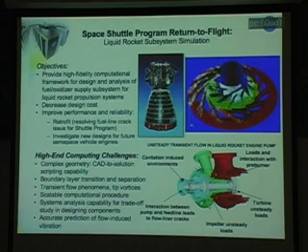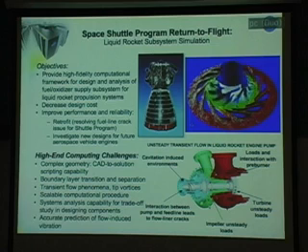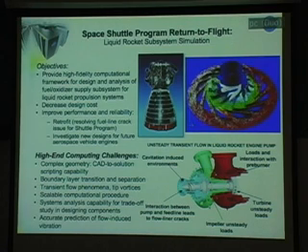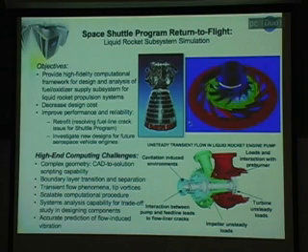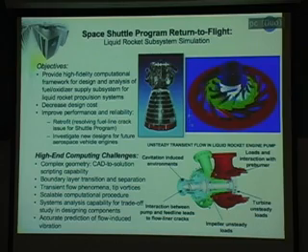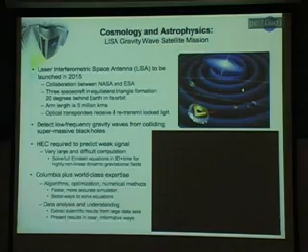And again, this is required both for returning the shuttle to flight, as well as to understand what redesign or re-engineering has to be done for future shuttle engine designs, as well as for CEV and CLV design.